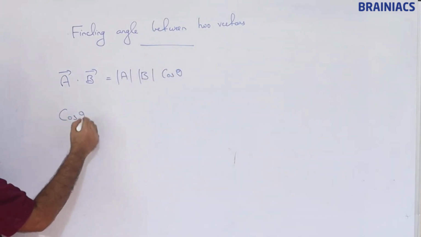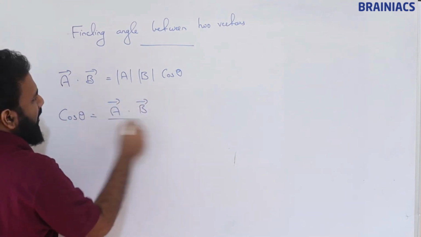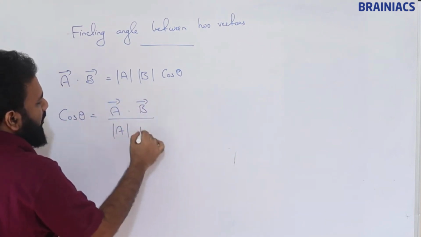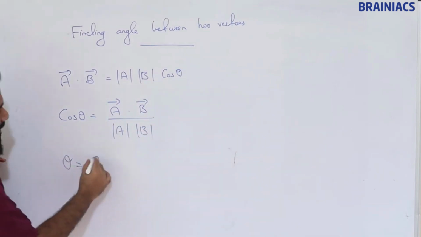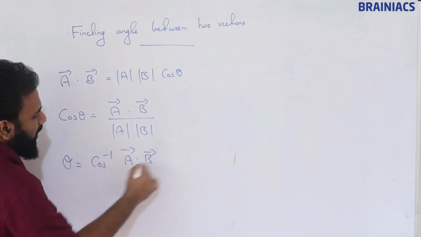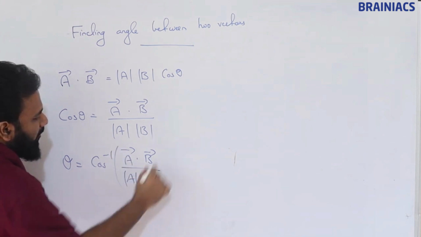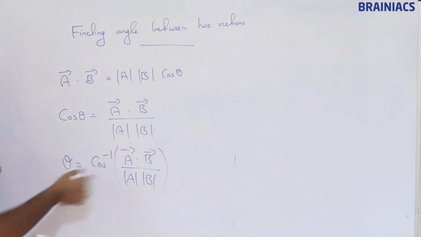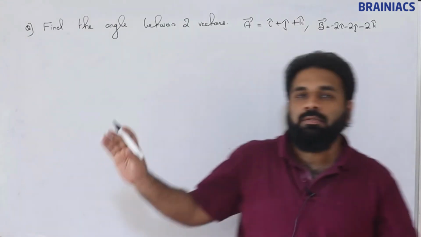So cos theta is nothing but vector A dot vector B divided by magnitude of vector A into magnitude of vector B. So theta is nothing but cos inverse of vector A dot vector B divided by magnitude of vector A into magnitude of vector B. So this technique can be used in order to find the angle between two vectors. Note it down.